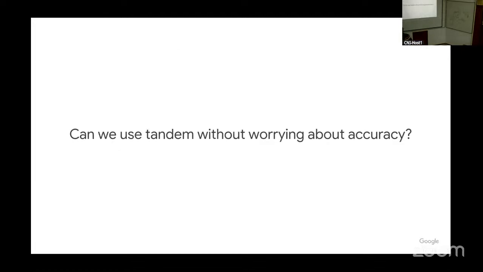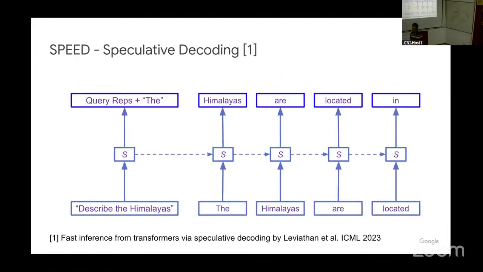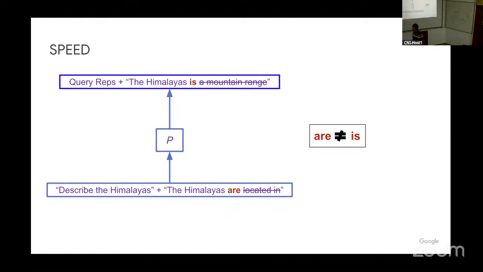But let me quickly jump to the setting where we want to use this without actually worrying about accuracy. And this is where this framework called speculative decoding comes into the picture. So the main idea in speculative decoding is that we use a small model to generate these tokens autoregressively, right? And so this is autoregressive generation here. And once we generate these 4 tokens, we use a primary model and give these 4 tokens that have been generated as input, right?